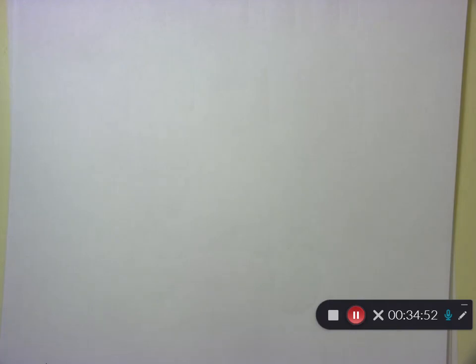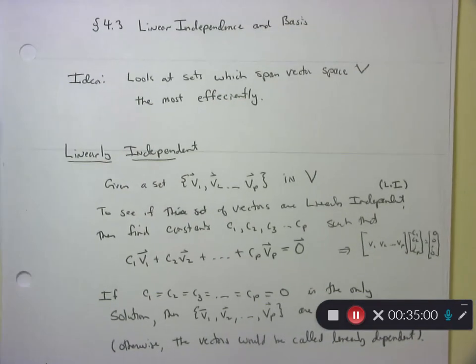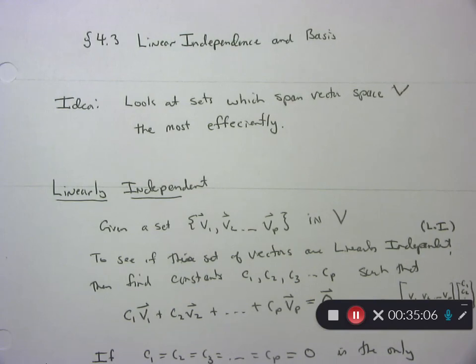Section 4.3 is working in the wonderful world of linearly independent sets and bases. So we're going to come back and beat these concepts to death again. Let me set the stage here for your notes and for your brain.